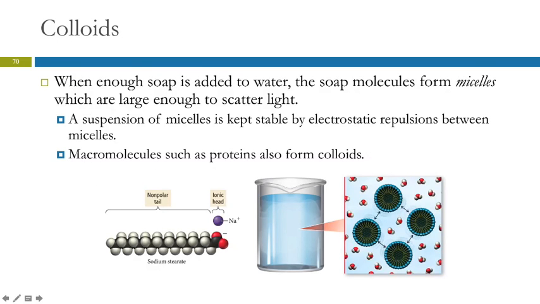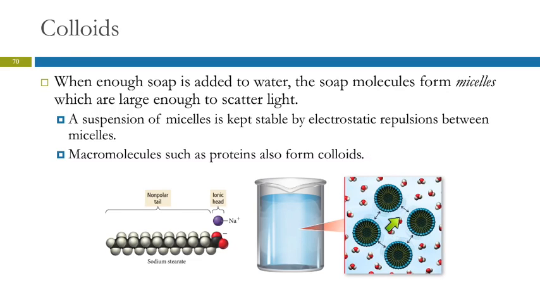When you add soap to water, the soap dissolves in the water. When you get enough soap in the water, the soap is going to aggregate and form micelles. I drew a picture of this for you earlier. It forms these micelles with the long nonpolar tails in the center and the polar heads on the outside.